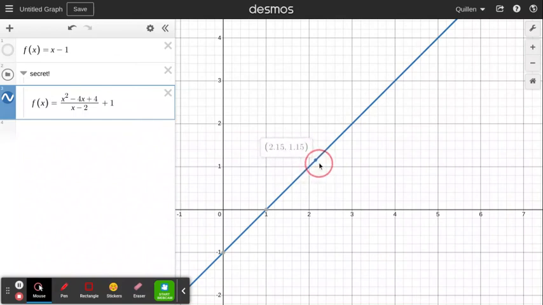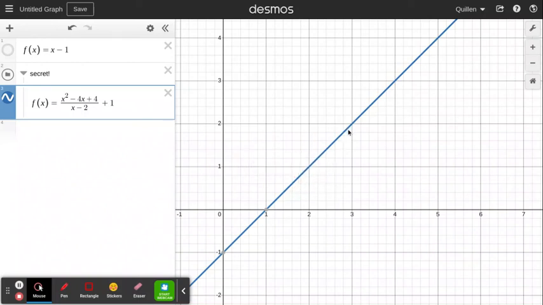We're tracing along the line, and it looks like we're approaching 1, even though right there it is truly undefined. But as we get closer and closer, it's getting to 1.